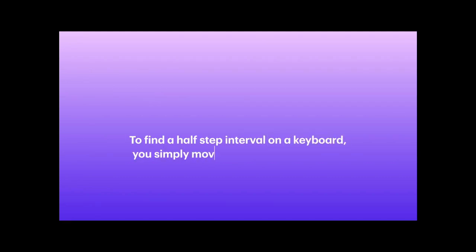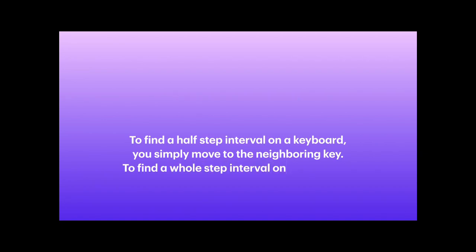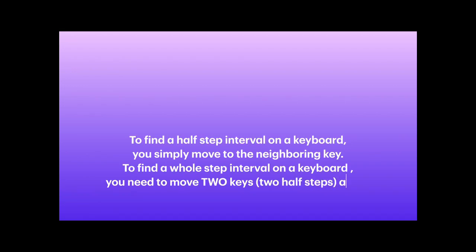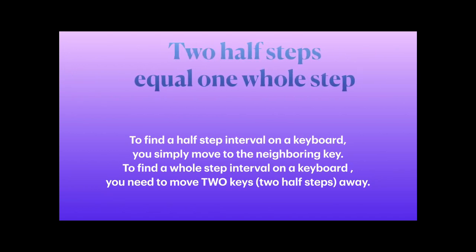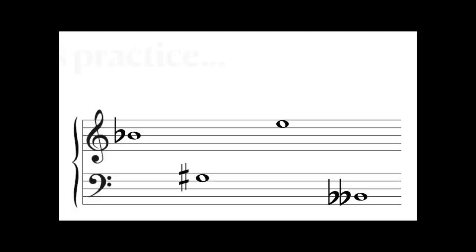To find a half step interval on a keyboard, you simply move to the neighboring key. To find a whole step interval on a keyboard, you need to move 2 keys or 2 half steps away. 2 half steps equal 1 whole step.